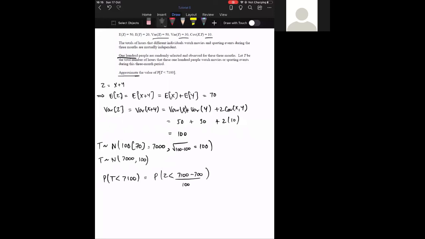This should be 100 divided by 100. From the tables, we can see that this is equal to 0.8413 as the final answer.